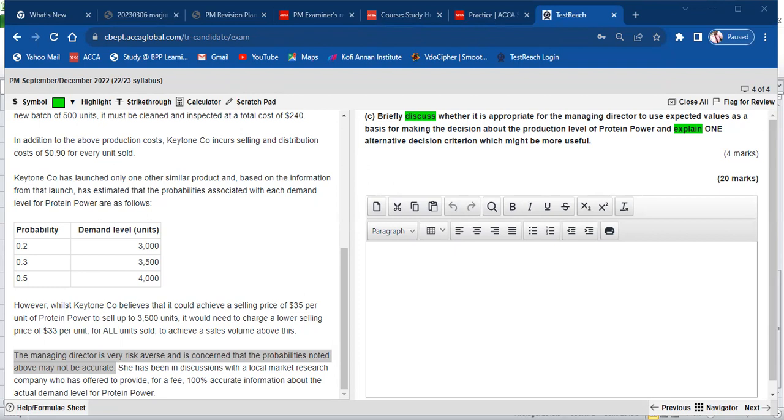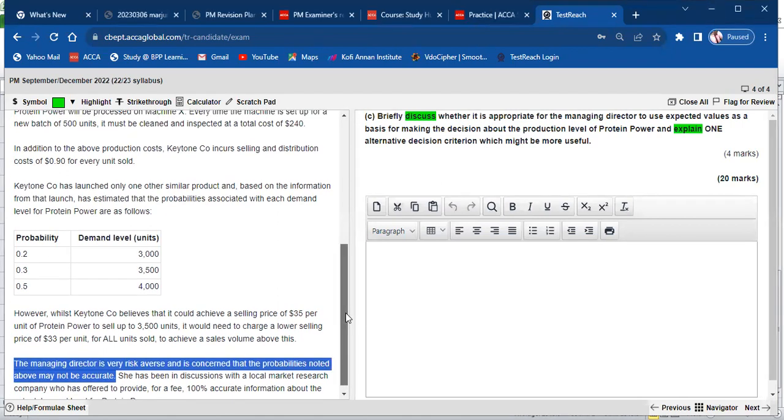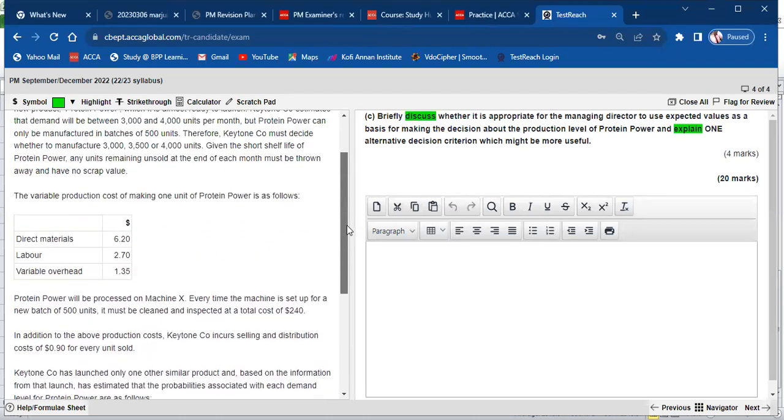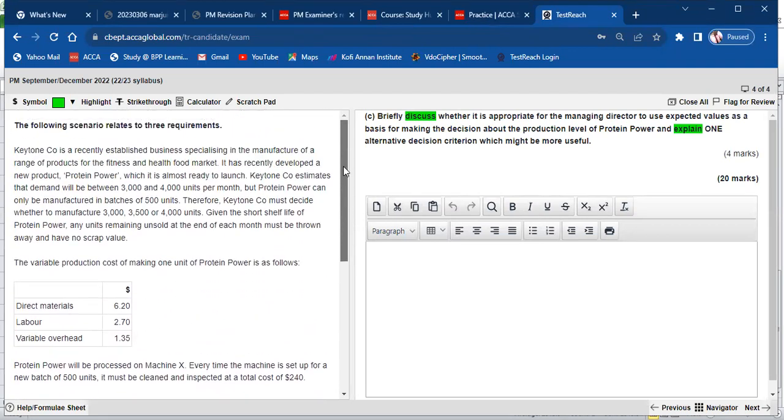Expected value is also useful when the project is repeated, because the meaning of expected value is long run average. Therefore, expected value is not useful for one-off projects. There's nothing here that shows that this project is one-off. Keytone is likely to produce this product many times within a year. Therefore, the use of expected value is appropriate.